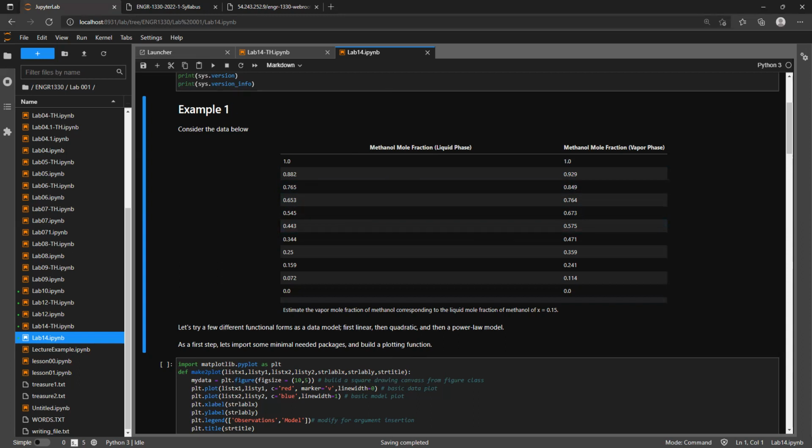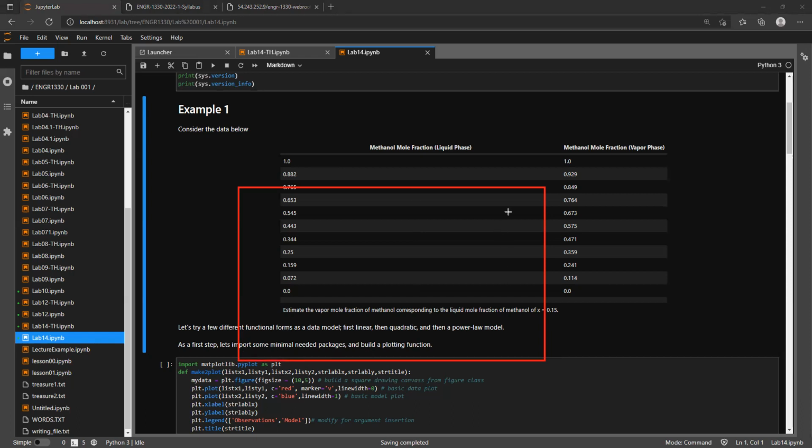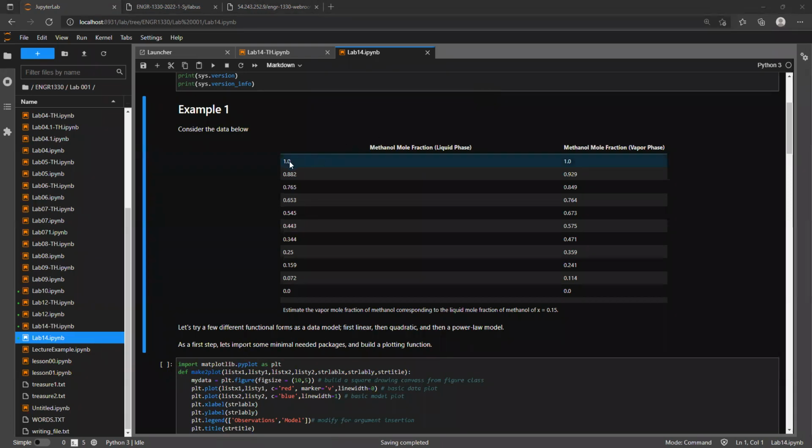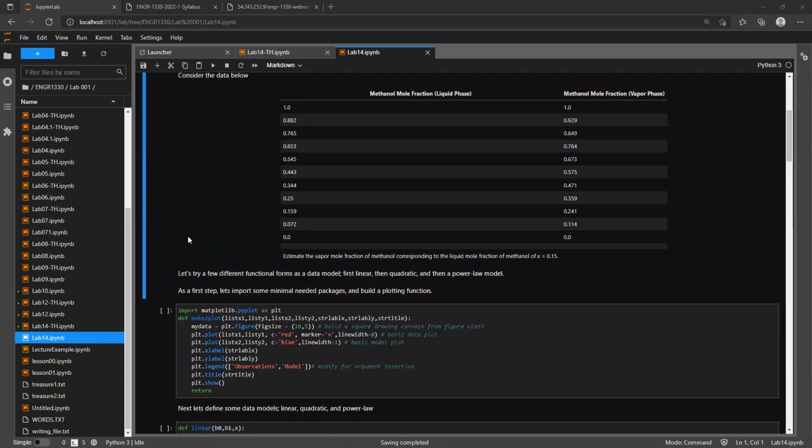Well, if we were doing it by hand, we would have something that looks like this, and for each one of these points, like 1, 1, we'd have something over here, 0, 0, we'd have something over here, and then we'd measure each one. We'd have the ability to put a line through it so that we can see what's going on as x, the independent variable, changes.